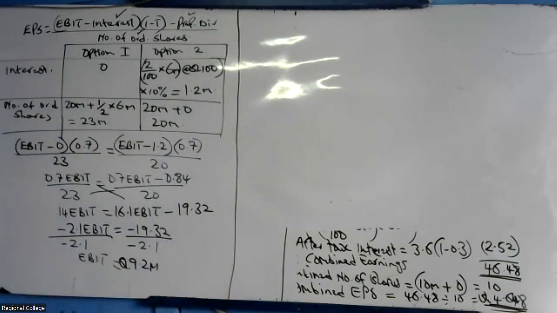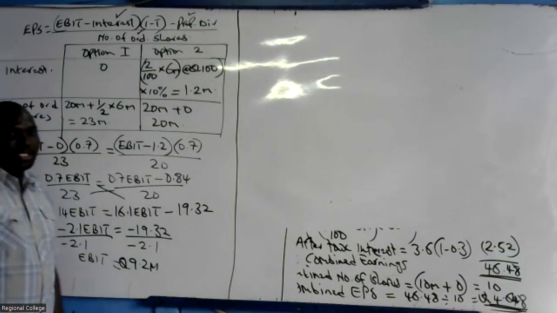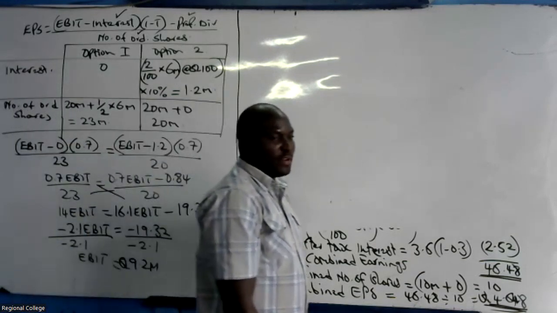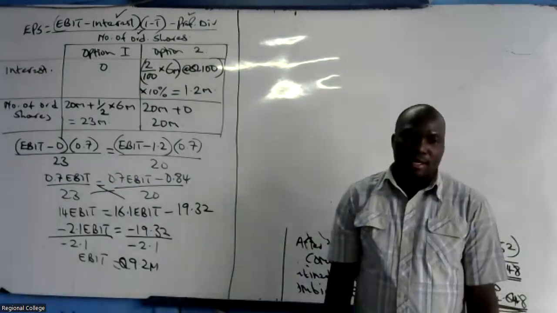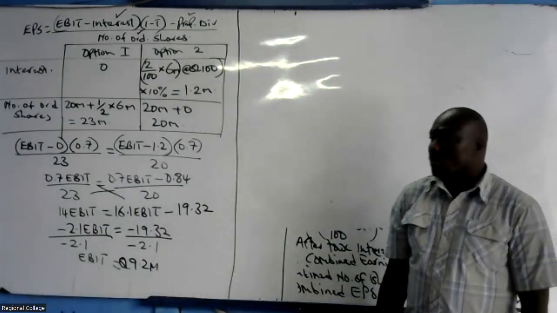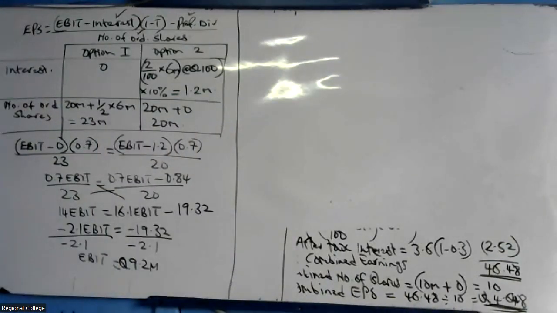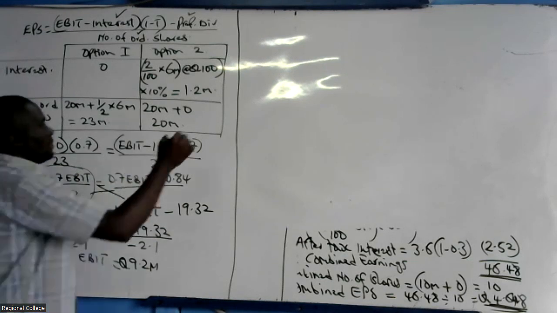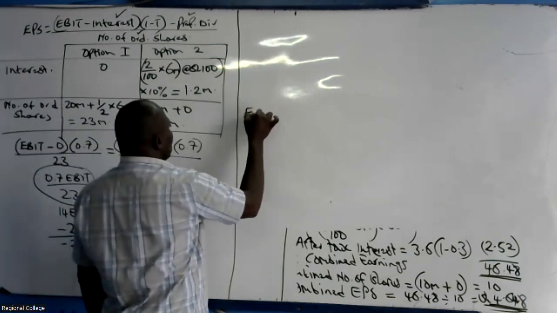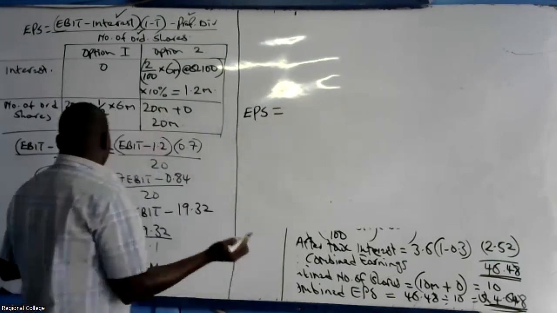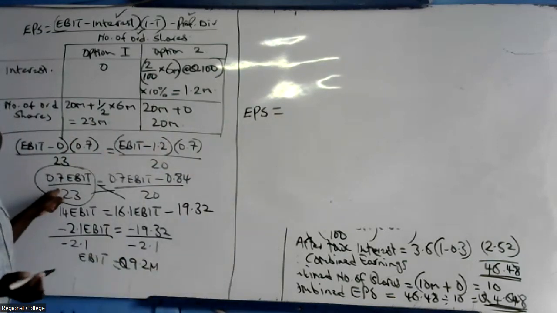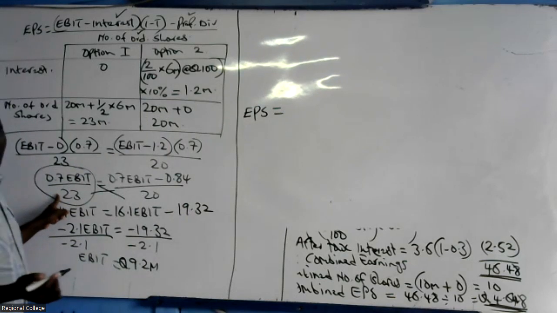But don't forget the question. The question wanted us to get the EBIT at the point of the difference and the combined earnings per share. So we must go back and do the earnings per share. We can check it at this point, right? Earnings per share, if we check here, will be 0.7 times EBIT over 23, clear.